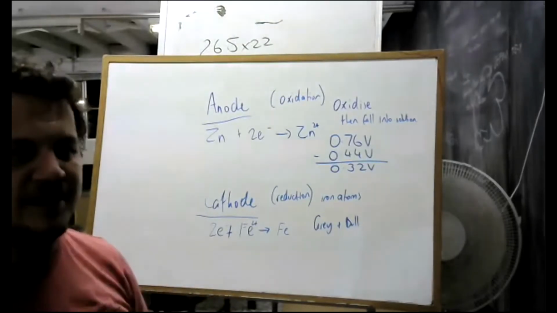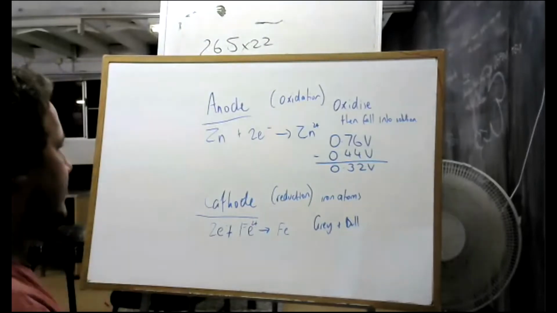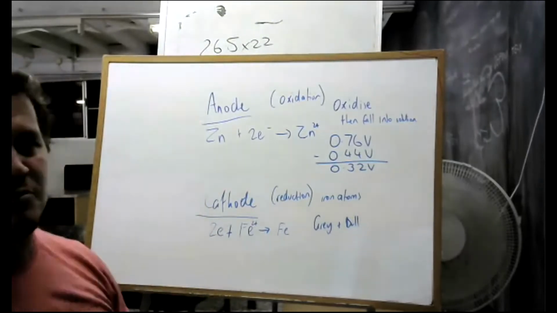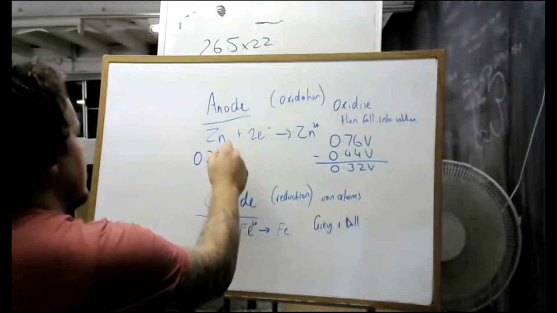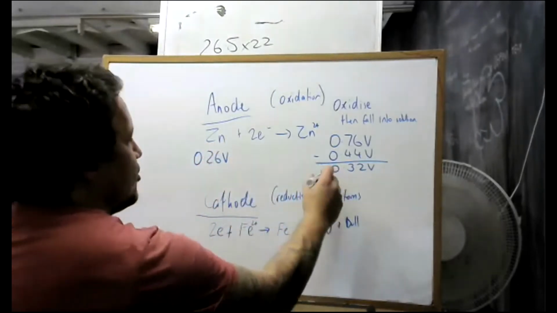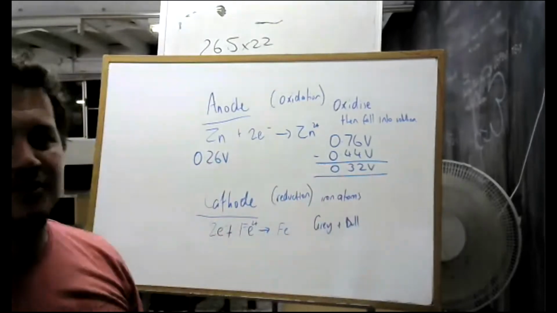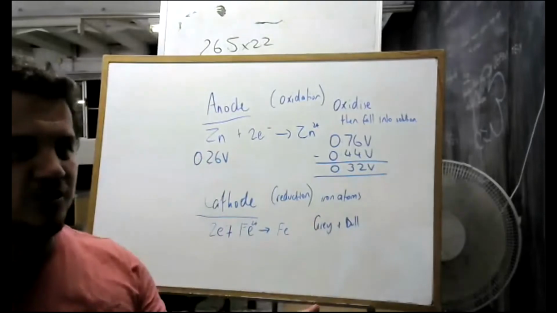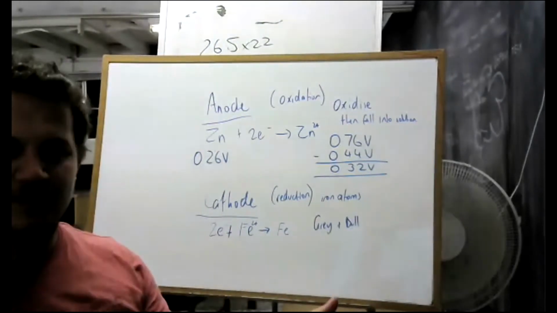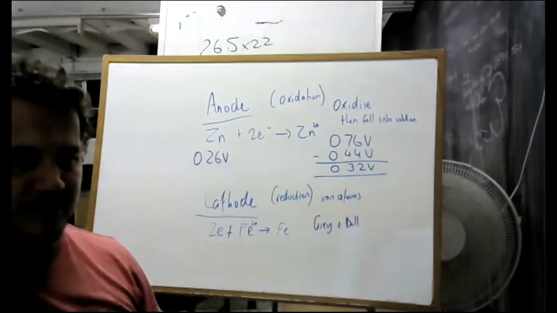The question stated that we produced 0.26 volts when we should have produced 0.32. Why might there be a difference between the observed actual value and the theoretical value in this instance?